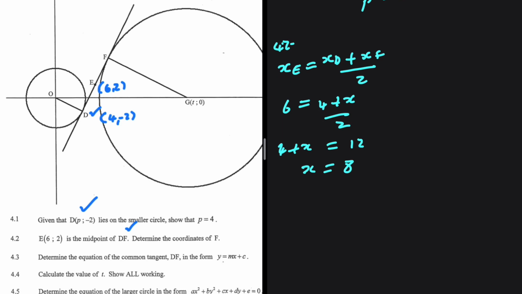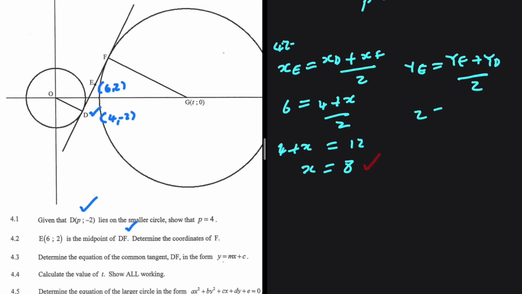The x coordinate of F is 8, which makes sense. Even if we just use translation, it should be easy to see that the x coordinate of F should be 8, and then the y coordinate of F should be 6. Let me show you why. We are using E to find that of F. The y coordinate of E is equal to the y coordinate of F plus the y coordinate of D, everything divided by 2.